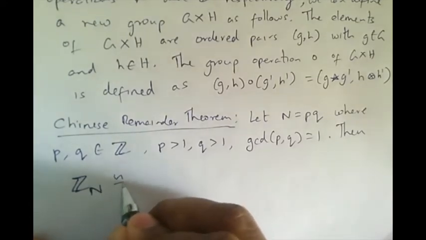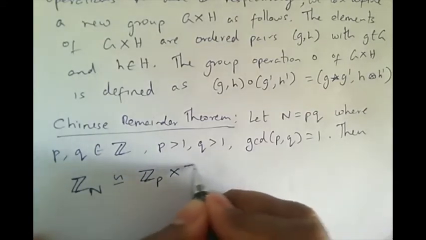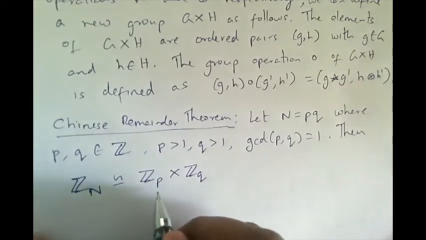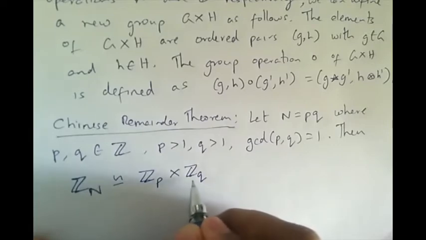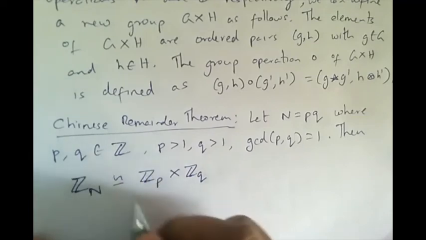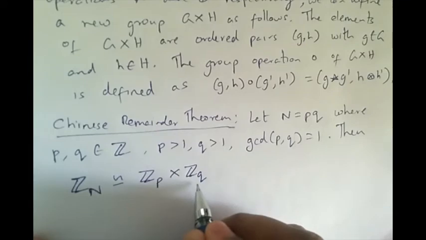is isomorphic to Zp cross Zq. So Zp is the group with integers 0 to p minus 1 and addition modulo p. And Zq is the group of the integers from 0 to q minus 1, again addition modulo q here.